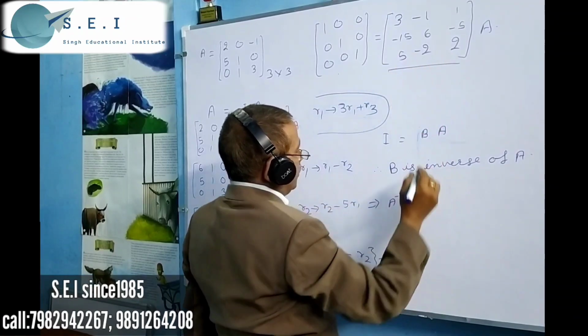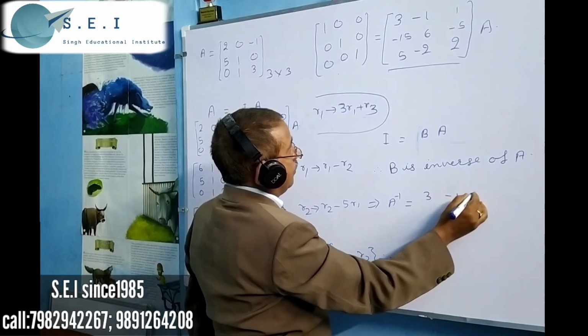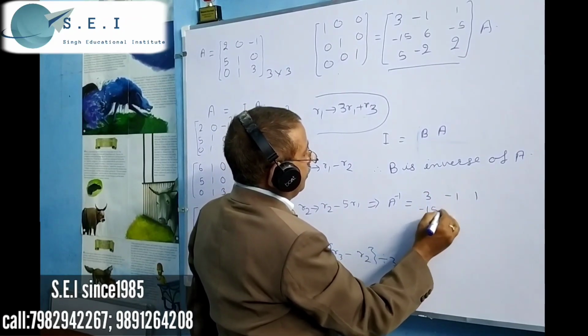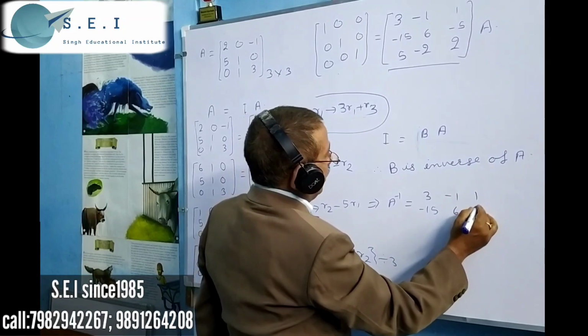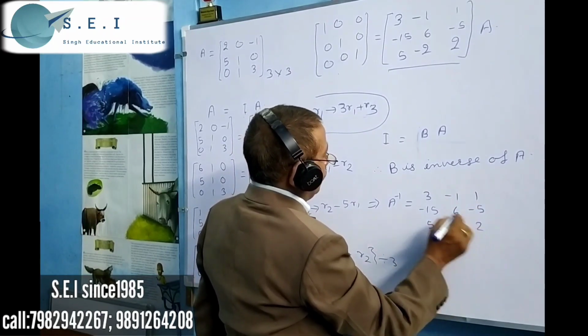A inverse is equal to 3, negative 1, 1, negative 15, 6, negative 5, 5, negative 2, 2.